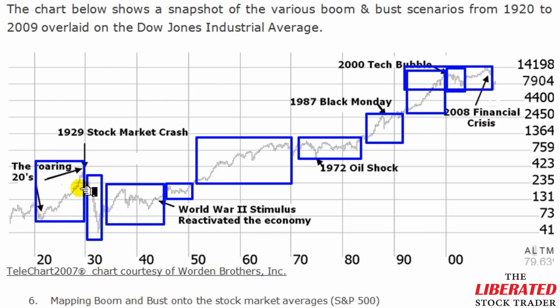So you can see here a whole series of booms and busts, sideways consolidation here, and here you can see another boom, sideways consolidation, another boom, and certainly a strong bust here, and then a recovery, and then another bust. These are cycles in the market.